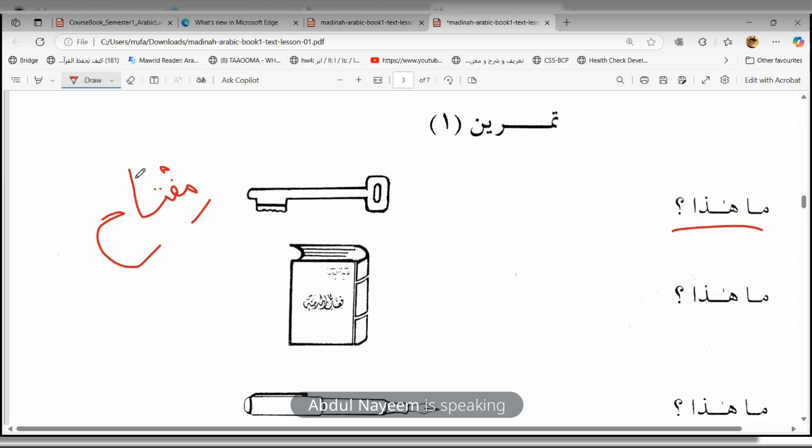Miftah, miftahun. Yes. So how would you answer "what is this?" Haza miftahun. This is a key.